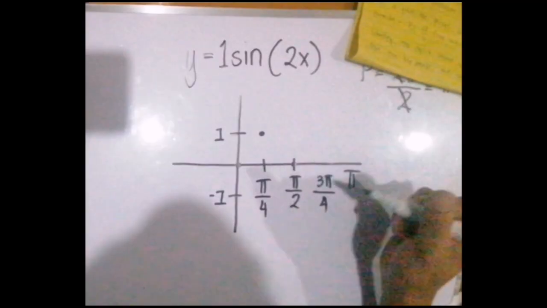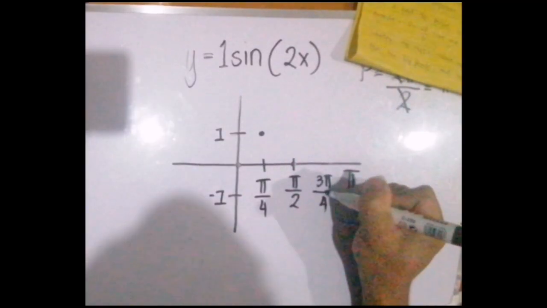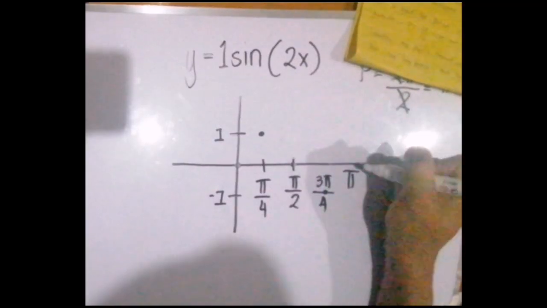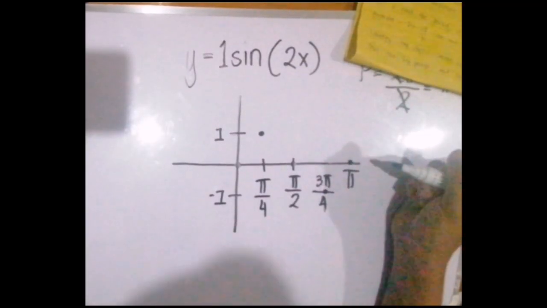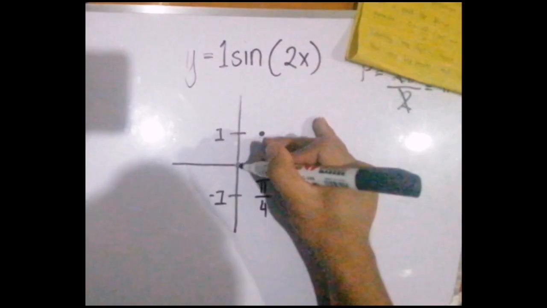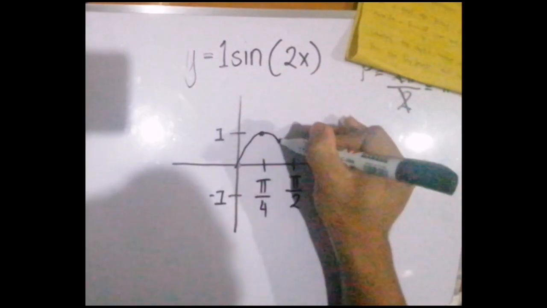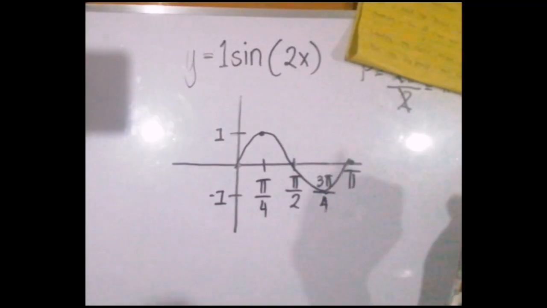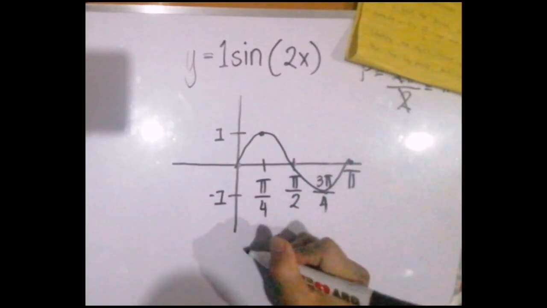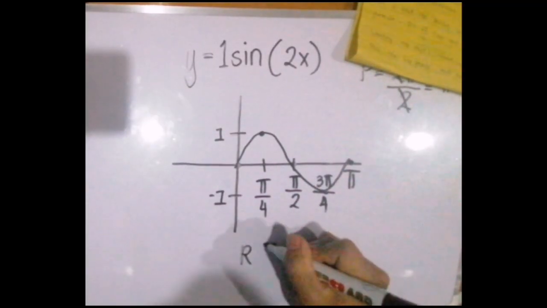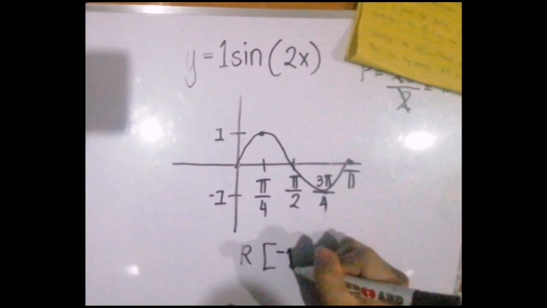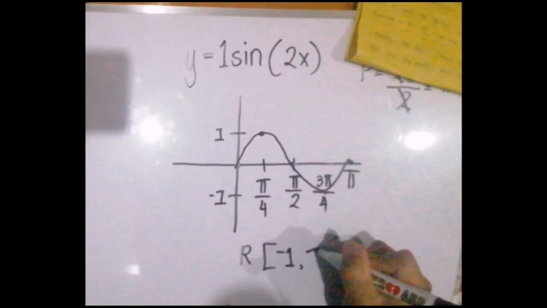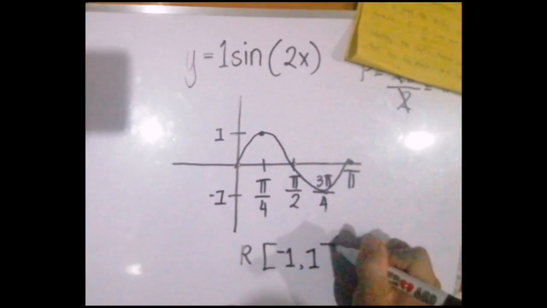And the next point is here, -1, and back to 0 at pi. So let's connect them all. So the range of this will be -1 to +1.